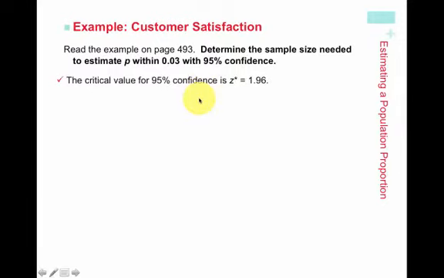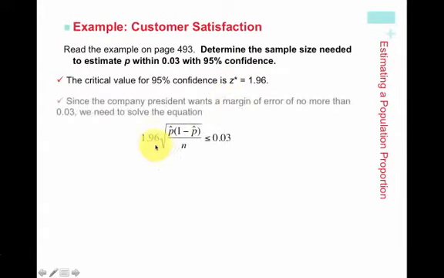Determine the sample size needed to estimate p within 0.03 with a 95% confidence. I'm not even going to tell you the context for this problem because it doesn't really matter. So 95% confidence, that means our z star, our critical value, is 1.96.